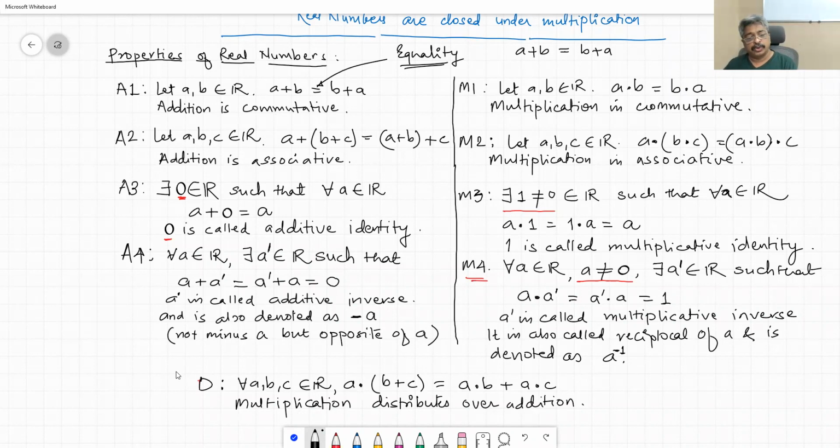Okay, so using this property D, we will be able to resolve the bracket, remove the bracket, and distribute that multiplication over addition. So I am keeping this whiteboard on for some time, then I will stop share and then you take it down.